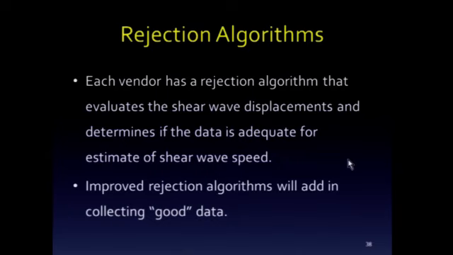So hopefully this will allow us to collect only good data, and data points that may be inaccurate, but the rejection algorithms are not recognizing that at this point, in the future will be rejected and again give you more consistency in your measurements.